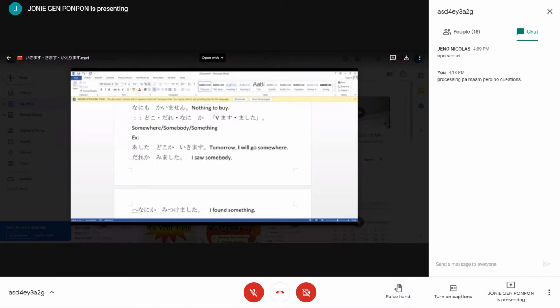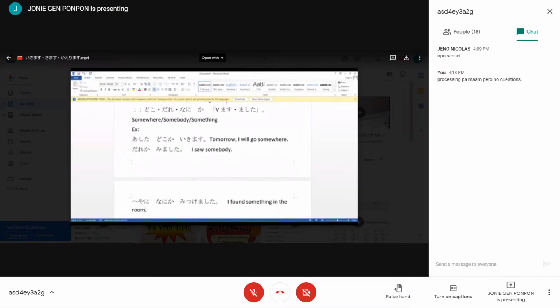Okay, so, heya ni nanika mitsukemashita. I found something in the room. Okay. The ni here is the particle to indicate the place, okay, where you found the object, where you found the something. Yan. Okay, so but if you want to say only I found something, nanika mitsukemashita lang, okay?